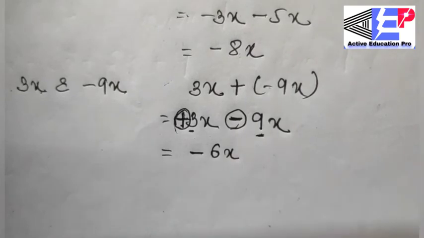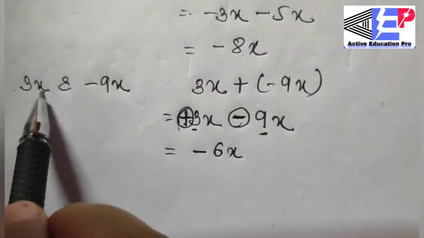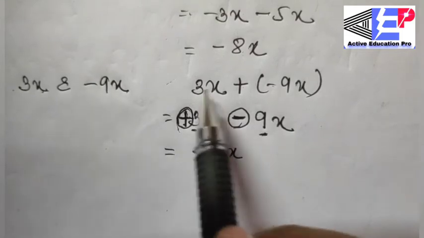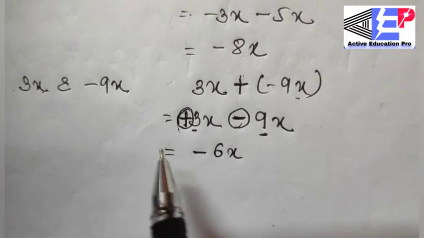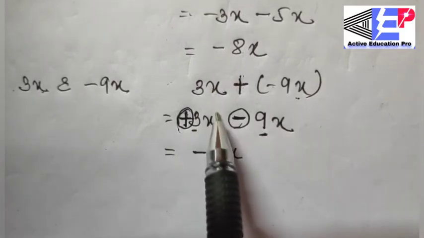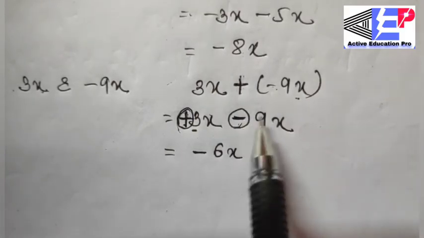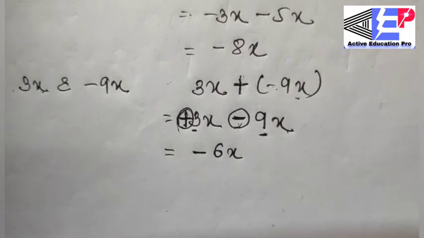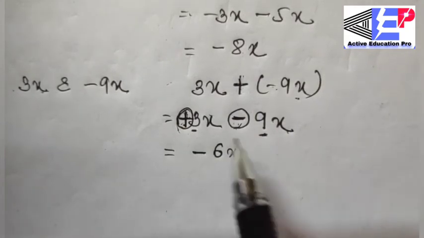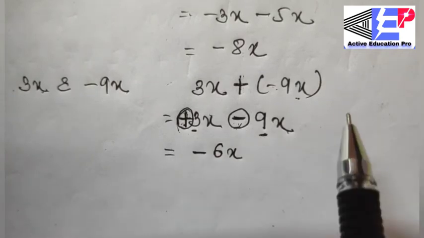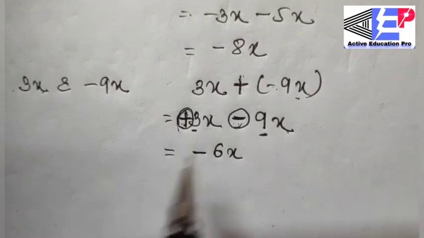Then put the variable. Again I repeat it. We have to add plus 3x with minus 9x. Just put the positive symbol between them, then simplify it. How to add? Because both signs are opposite to each other, forget the sign marks.